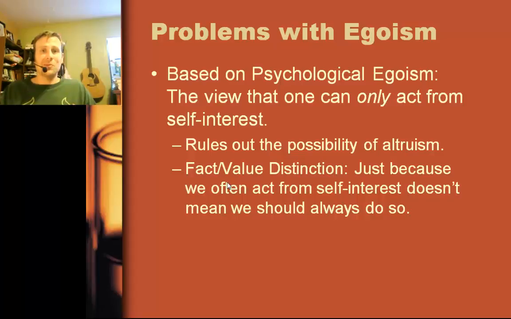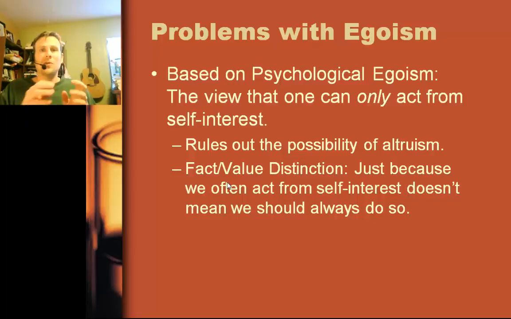A second problem is the fact-value distinction. And you'll hear me talk about this a couple times over the course of the semester. Facts, that is, the way things tend to be, the way things are, and the way things ought to be, are not necessarily the same, right?